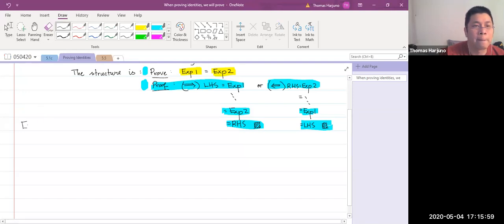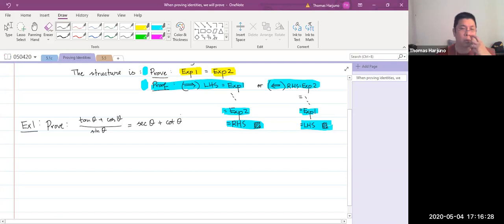Example 1. Let's say I prove tangent theta plus cosine theta over sine theta equals secant theta plus cotangent theta.